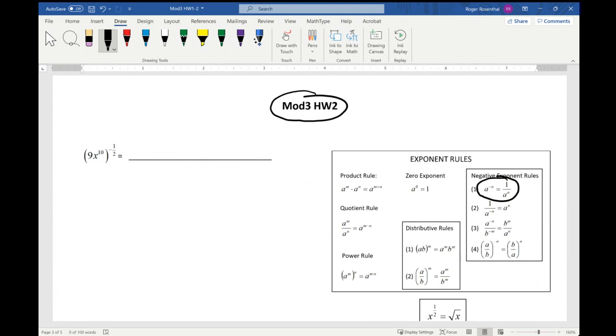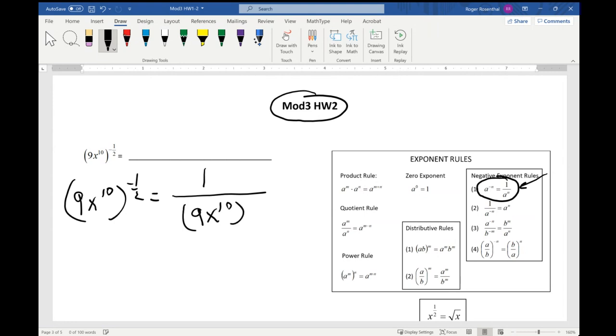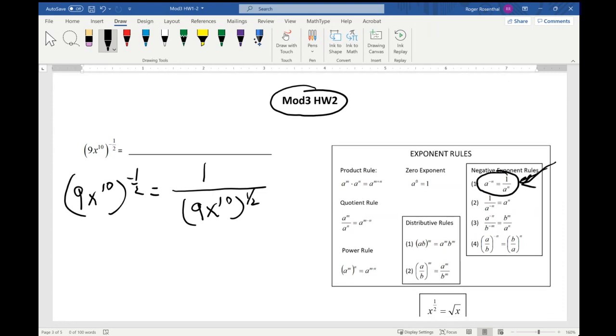We know that when you raise something to a negative power, and that's what we've got, that's the same as having 1 over the very same thing to a positive power. That's what this rule is telling us.